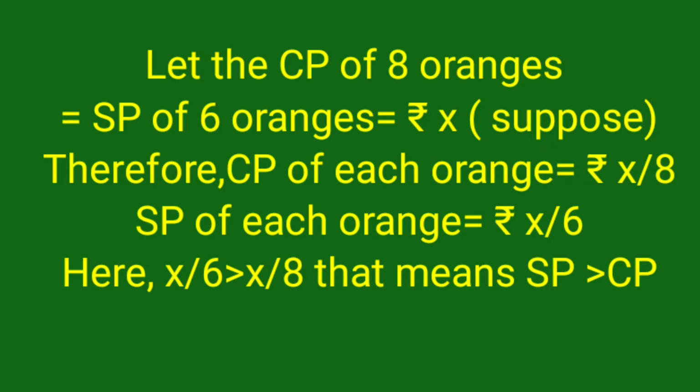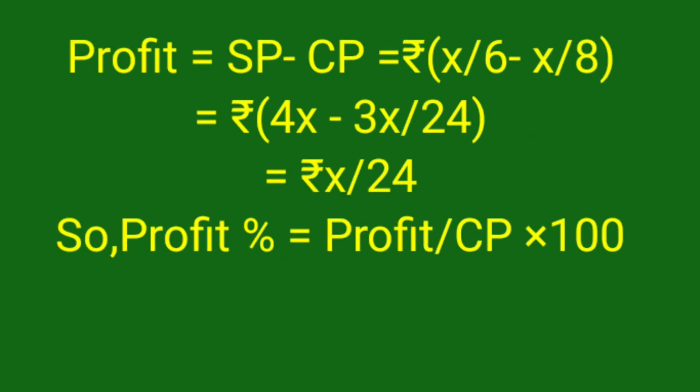Therefore, CP of each orange equals rupees X by 8 and SP of each orange is X by 6 rupees. Here X by 6 is greater than X by 8, so it is a profit.